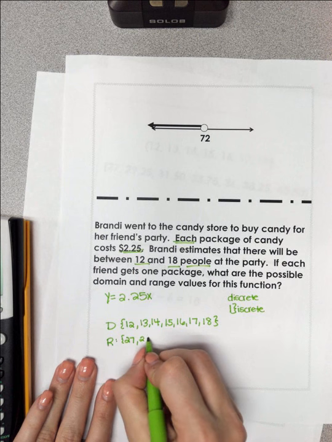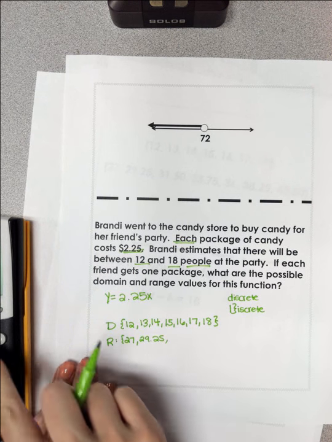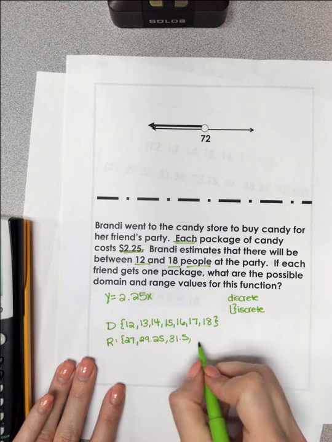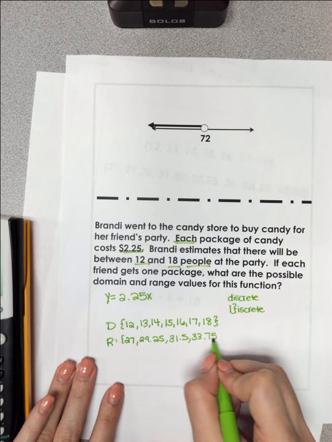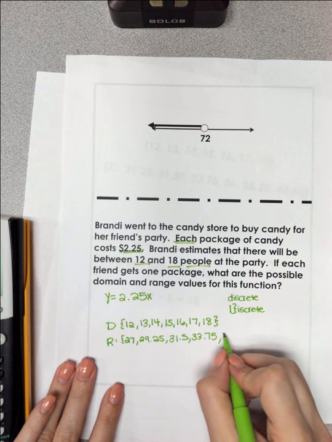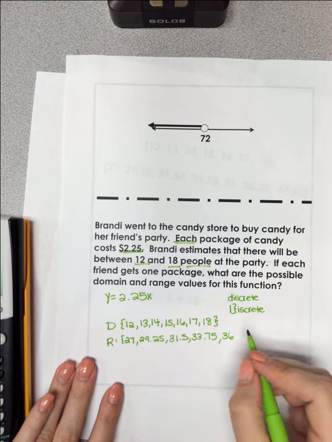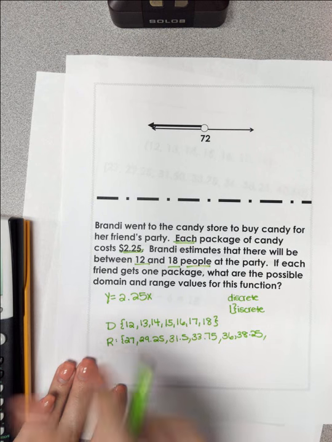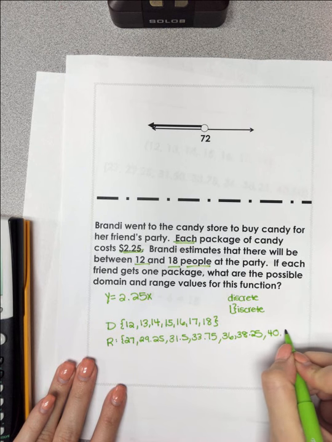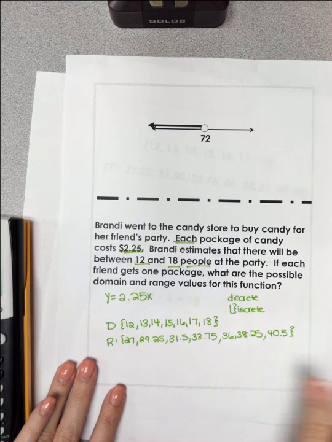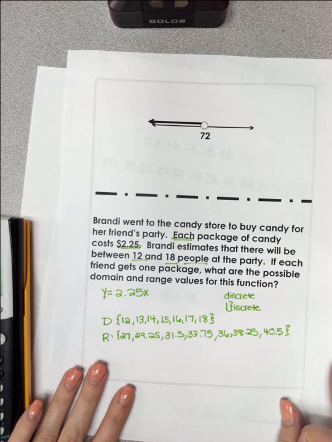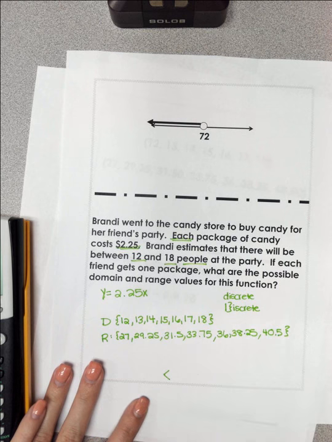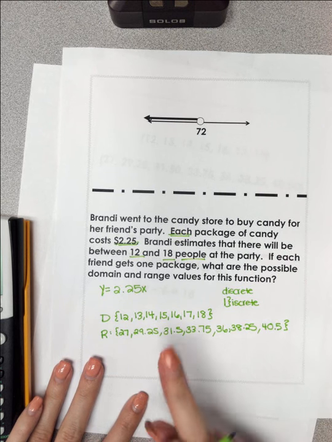Then 29.25. 31.5. 33.75. 36. 38.25. 40.5. And that's your answer. You could eliminate answer choices if they had any of them with the continuous signs. This means continuous. People are discrete.